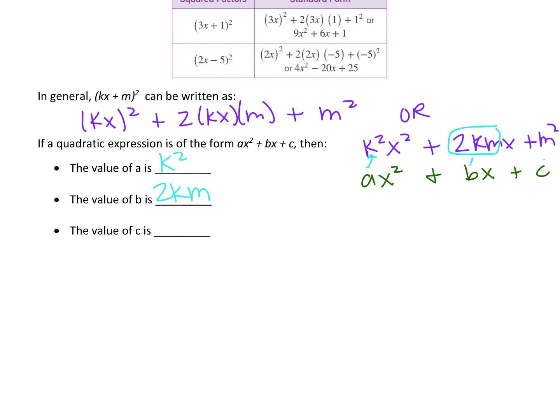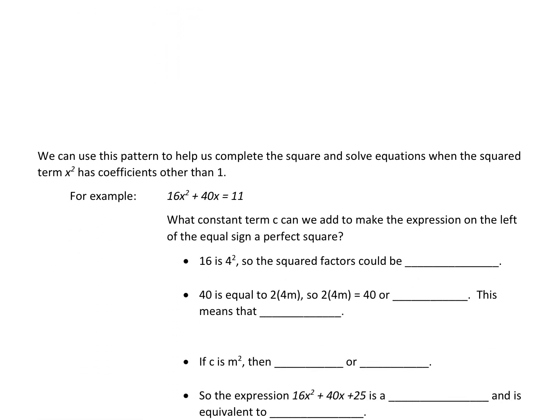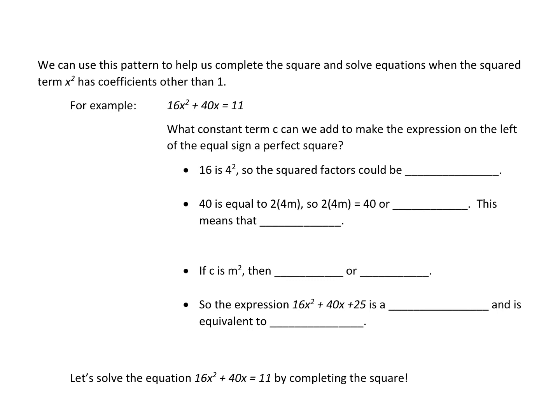And the value of c is m squared. All right, so we can use this pattern to help us complete the square and solve equations when the squared term x squared has a coefficient other than 1.